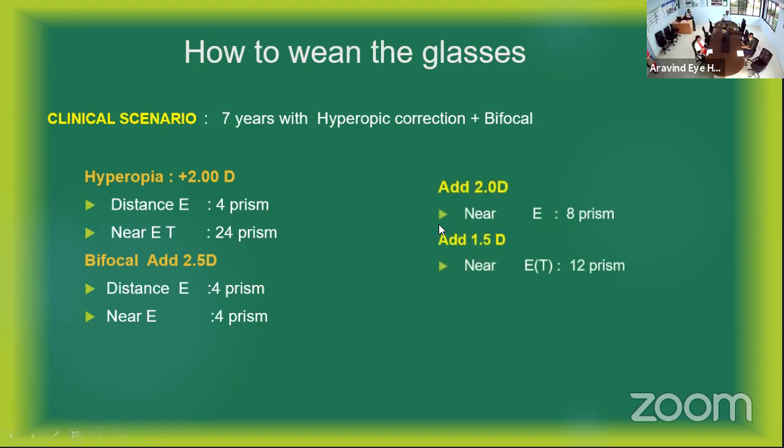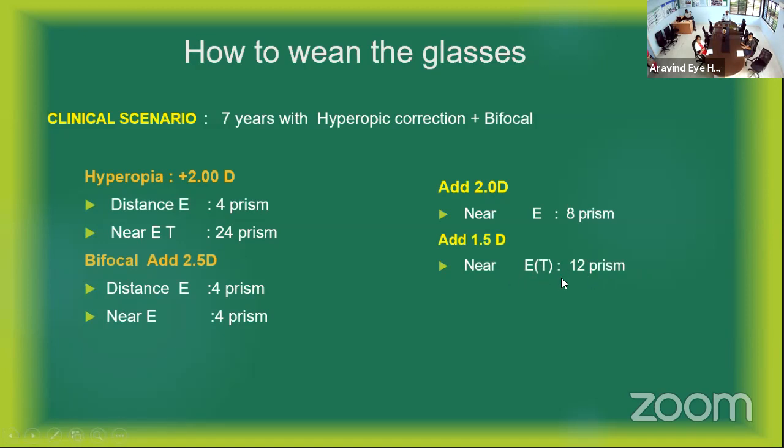You keep assuming that the hyperopia for distance is remaining the same. You just start reducing the add. Since it is 2.5, now you reduce it by 0.5 and see how the esotropia behaves. So now with +2 add, it is only 8 prisms esophoria. But if you reduce it further to 1.5, then it becomes 12 prisms and it becomes an intermittent ET.